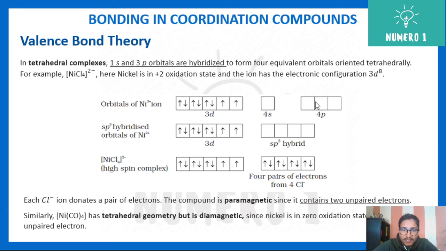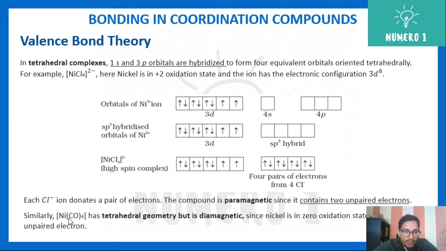So 4s and 4p will be making a hybrid orbital, and ultimately you get this as your final electronic configuration, where these electrons are coming from chlorine. Each chloride ion donates a pair of electrons, and the compound is paramagnetic because you can see there are two unpaired electrons, this one and this one.